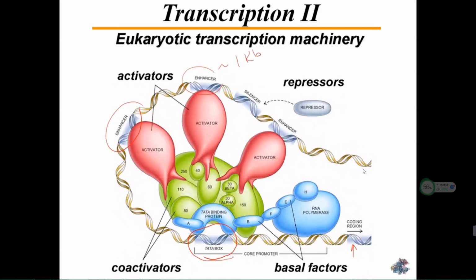And I did demonstrate to you that these enhancer regions can exert their effects on the recruitment of the RNA polymerase through the binding of activator proteins, which are depicted here, which then cause protein-protein interactions with the transcription factors, which we see down here depicted in blue. So these are TFs that are responsible for bringing in the RNA polymerase.